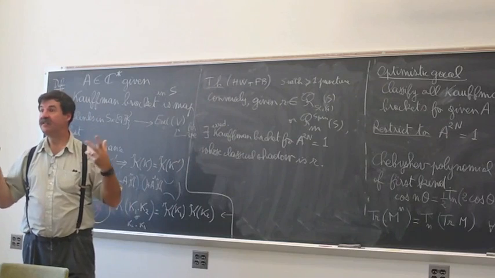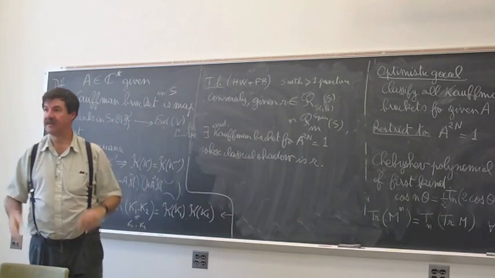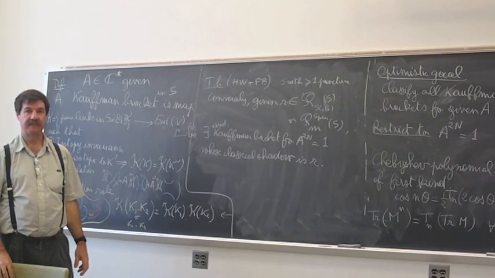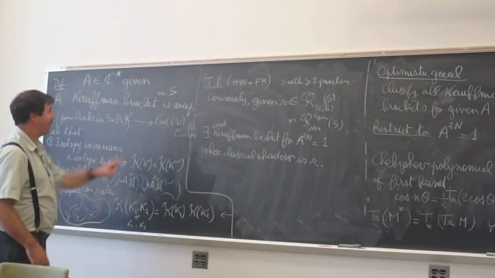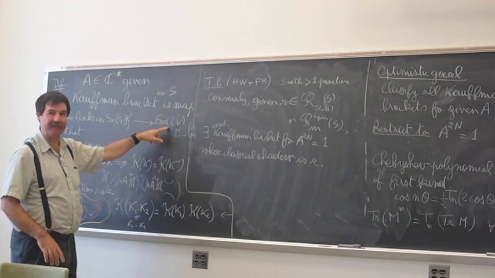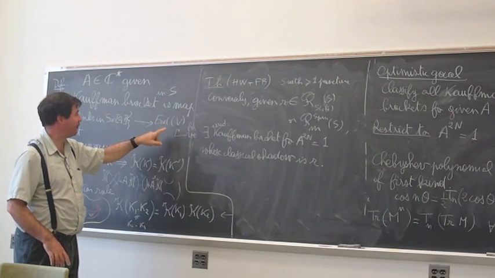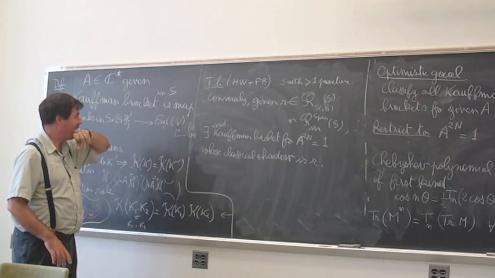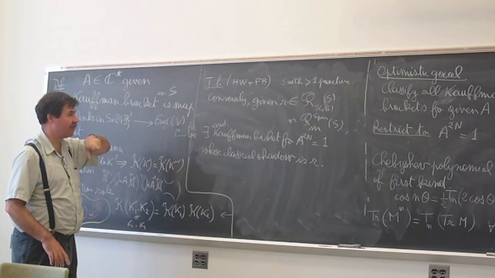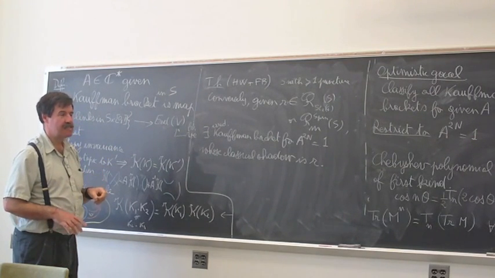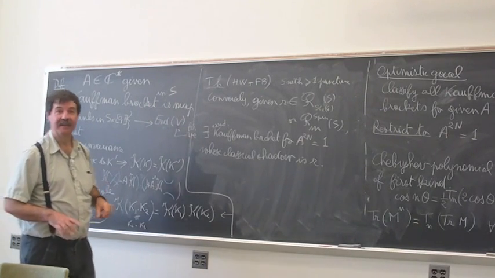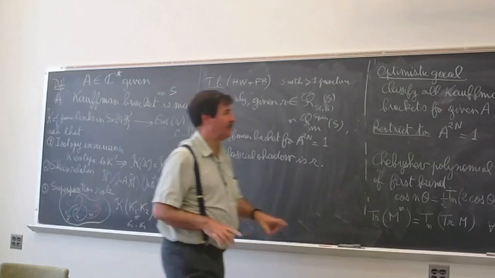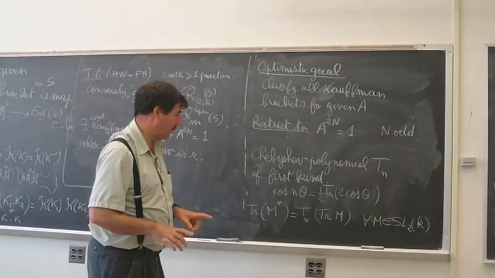Why would you get anything discrete, for instance? What would happen if you use the quaternions, say? Well, there are quaternions for matrices. The quaternions correspond to capital N equal 8, I think. No, 4.